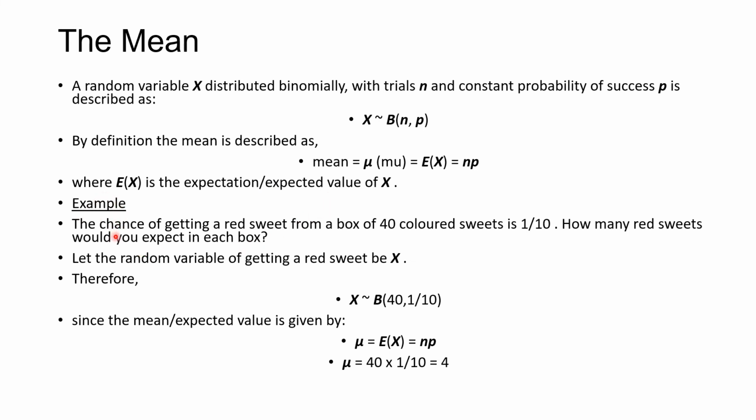For example, the chance of getting a red sweet from a box of 40 colored sweets is 1/10. So n is 40, the number of trials is 40, and the probability is 1 out of 10. We can model this scenario as X is binomially distributed, 40 and 1/10.